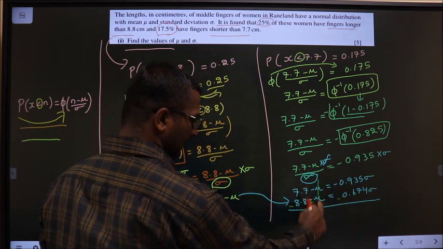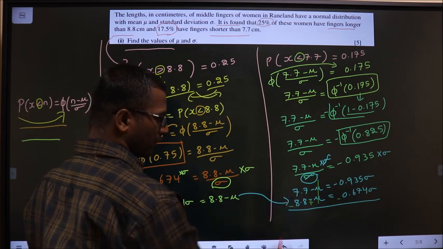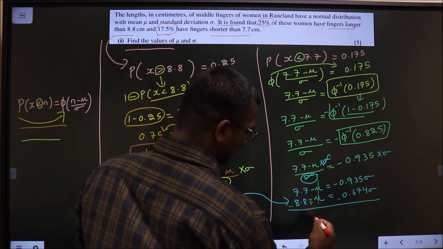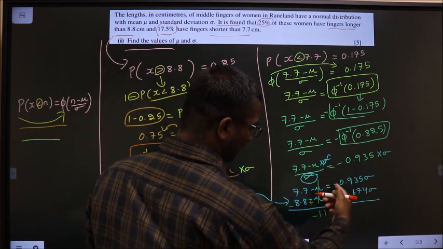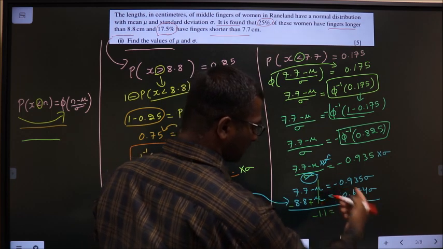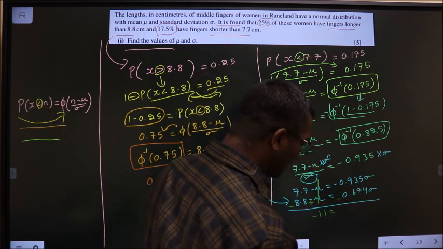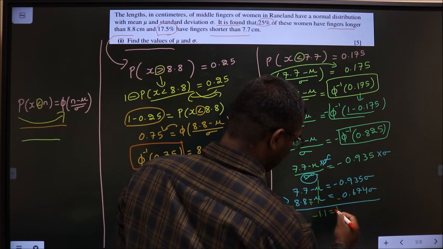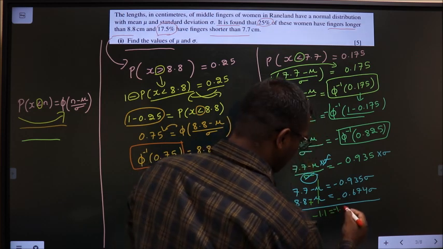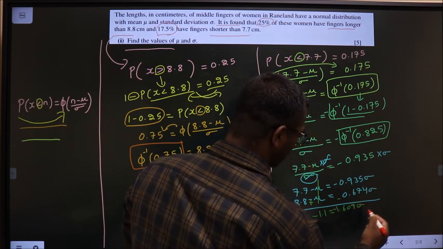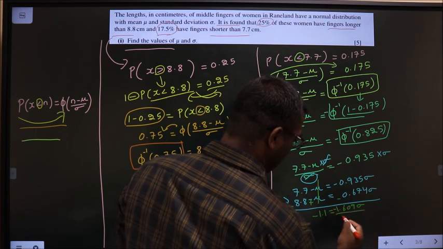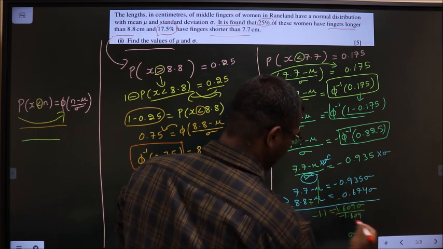Okay, now this will get cancelled. So 7.7 minus 8.8 is minus 1.1. Here both are negative, so add. So that will result in minus 1.609 standard deviation.